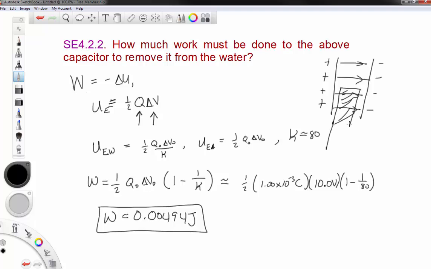And maybe the dielectric slab is something like this. What's going to happen is, because it's a lower potential energy for this slab to fill the space entirely, the capacitor is going to tend to draw the slab up into itself. And that includes not only a slab, but also, if you have water, a column of water can be drawn into this, in between the two plates.